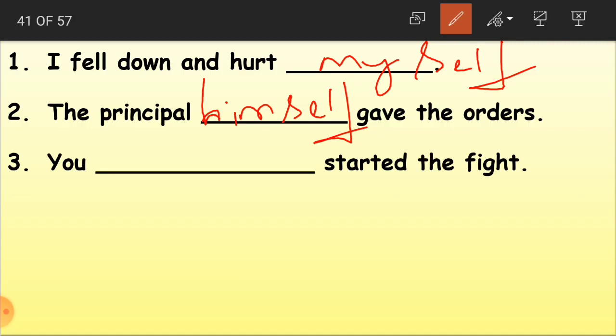According to the sentence we'll take it as singular. You yourself started the fight. If it is in plural form, then it becomes you yourselves started the fight.